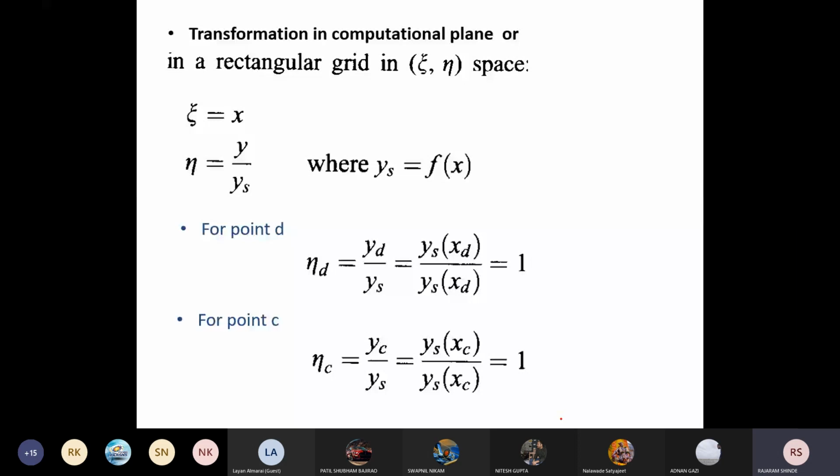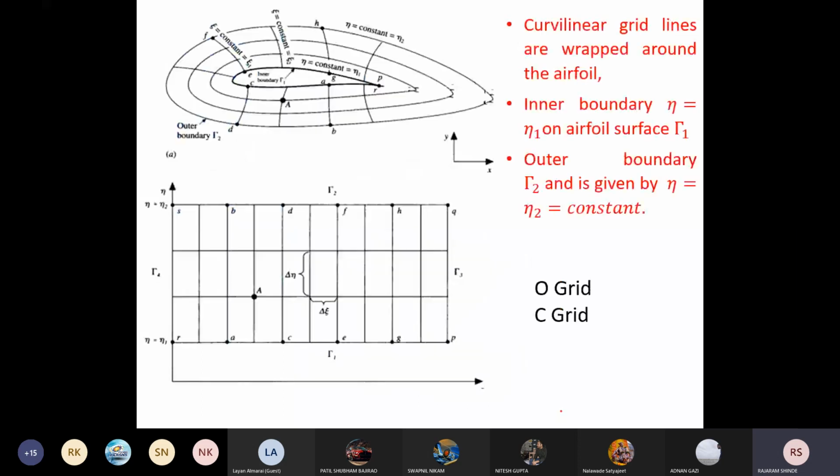Now consider one more example. For that purpose, consider an aerofoil shape as shown in the figure. Here a curvilinear grid line is wrapped around the aerofoil, which I showed at the start of this unit, that is, grid transformation.